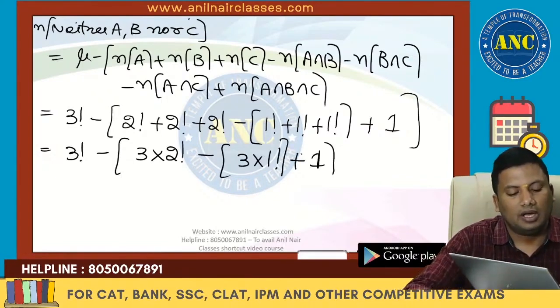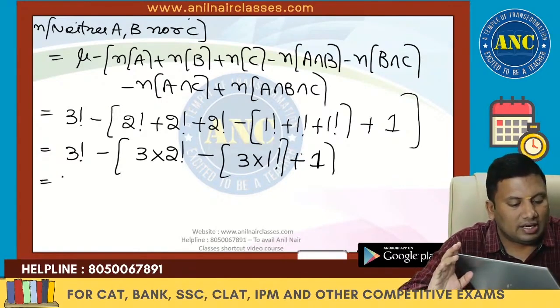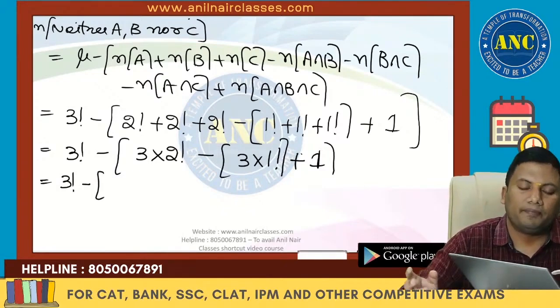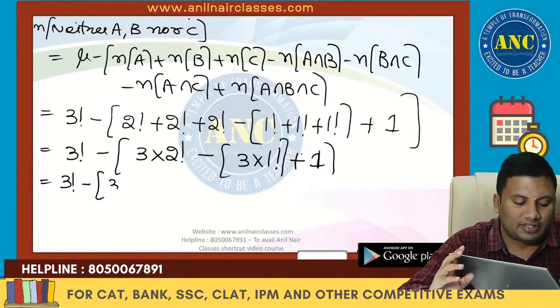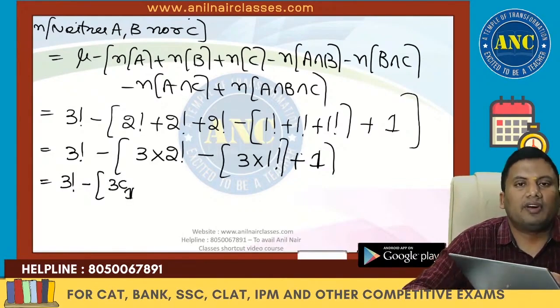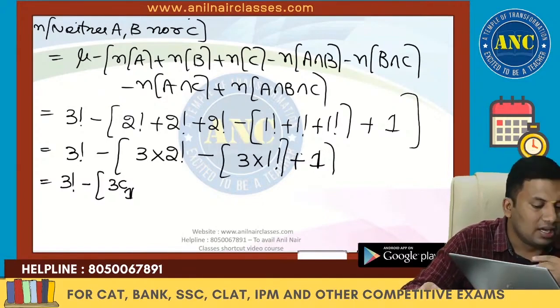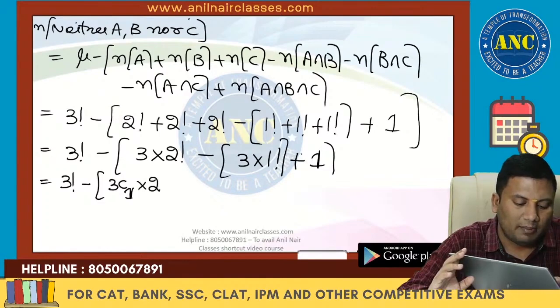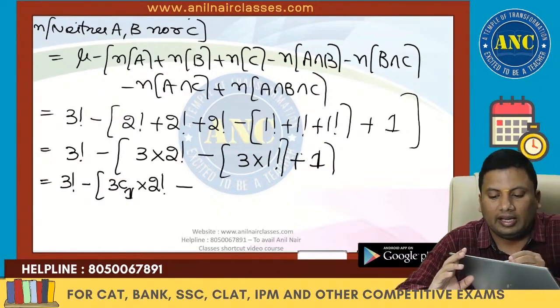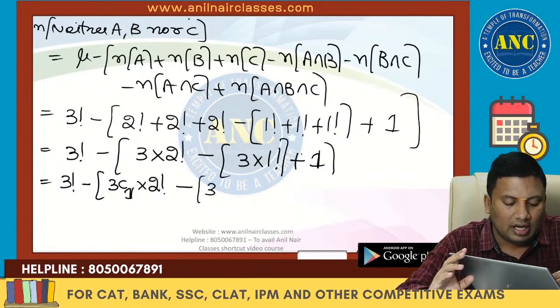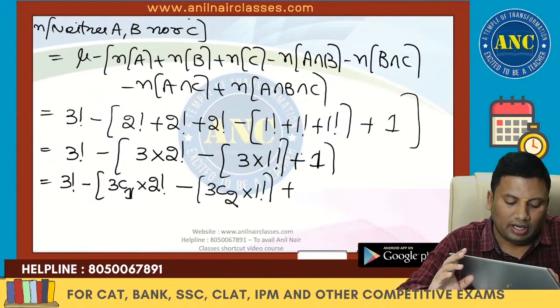Are you all with me? Now if you see here, this can be written as 3 factorial minus, there are 3, n of A, n of B, n of C, selecting any one. A1 is in its original position, A2 is in its original position, A3 is in its original position, remaining 2 factorial. A intersection B: 2 I am selecting, out of 3 select any 2, remaining it is 1 factorial, plus 1.